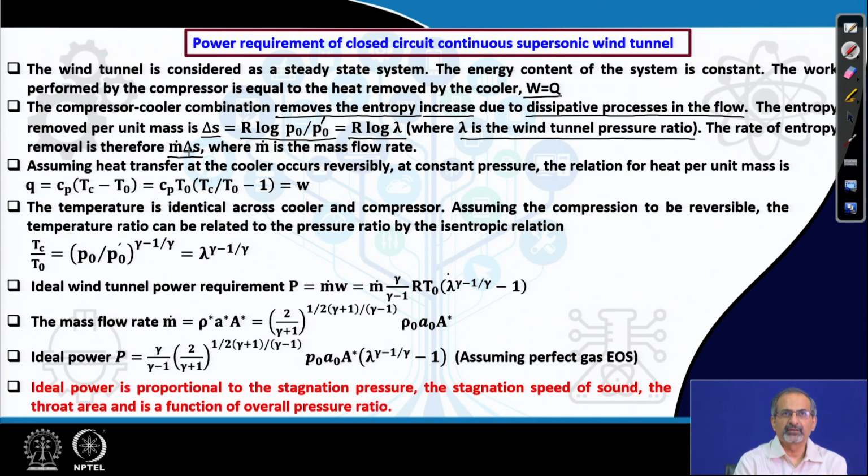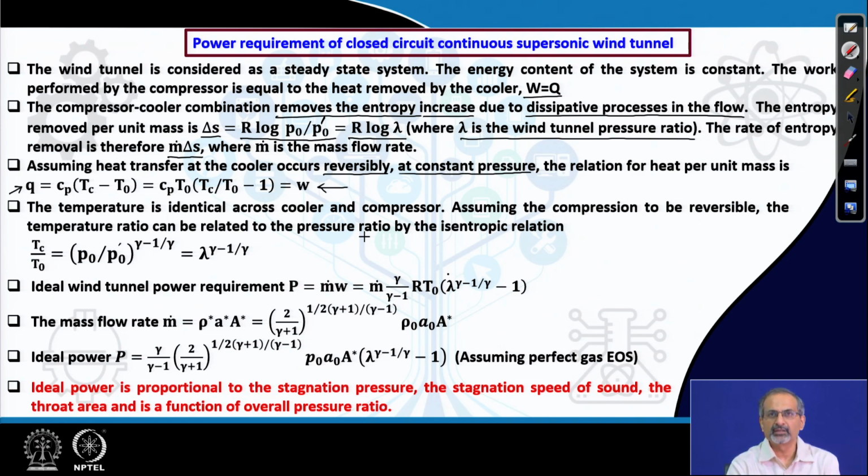Assuming that the heat transfer at the cooler occurs reversibly at constant pressure, we can write down the expression per unit mass for the rate at which the heat has to be removed. That is given by Cp times Tc minus T naught, which is incidentally also equal to small w, again per unit mass. The temperature is identical across the cooler and compressor. If you look at the previous diagram, you will be able to see that.